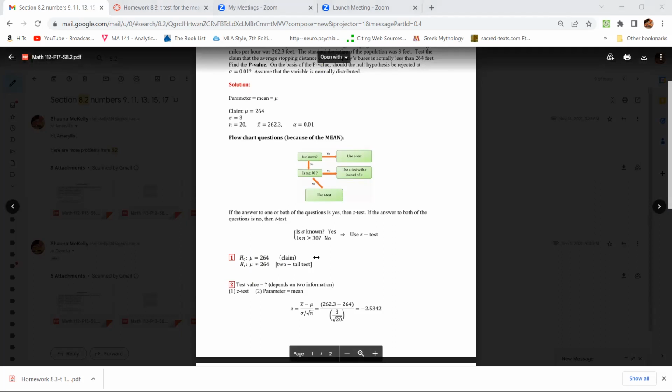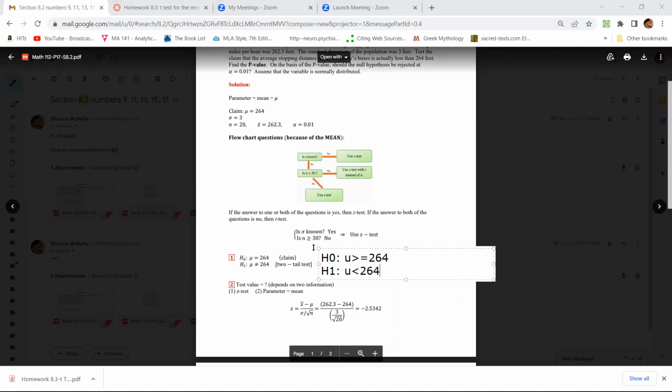This is supposed to be H0. Mu is greater than or equal to 264. And her H1, because it says, assume that it's actually less than 264 feet. So H1 is, mu is less than 264, okay?